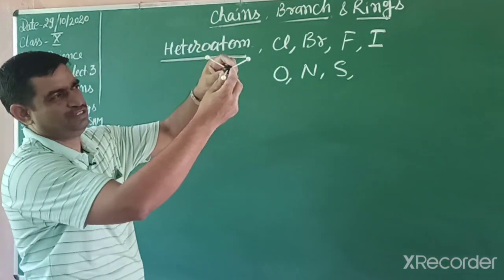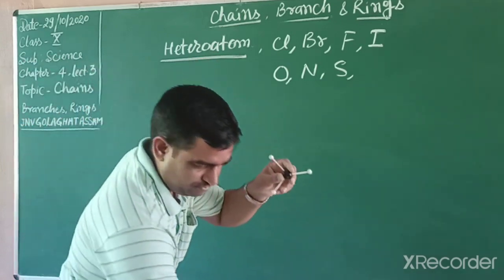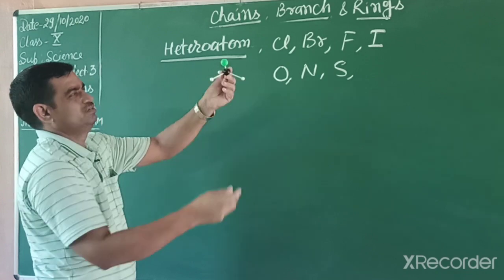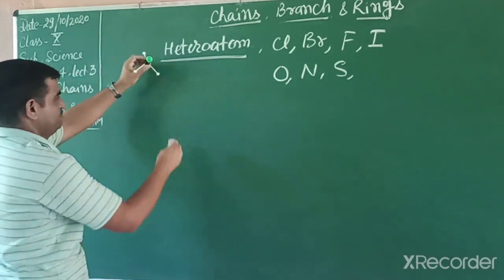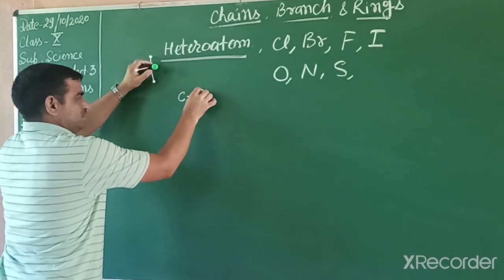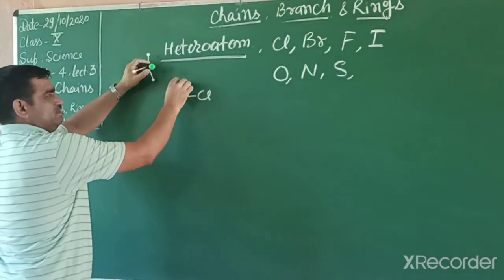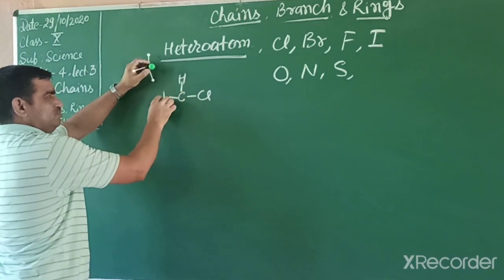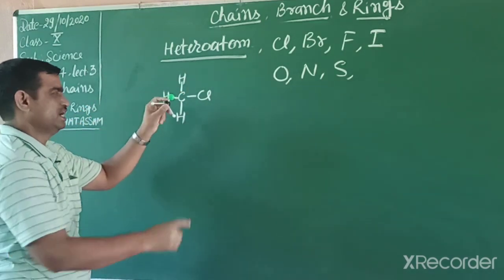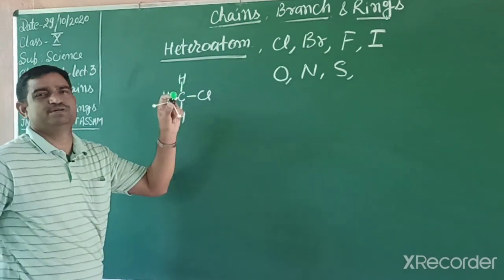If I remove this hydrogen and add one chlorine on this carbon, with the others remaining hydrogen, then this compound will change its property. Its property is decided by this heteroatom.